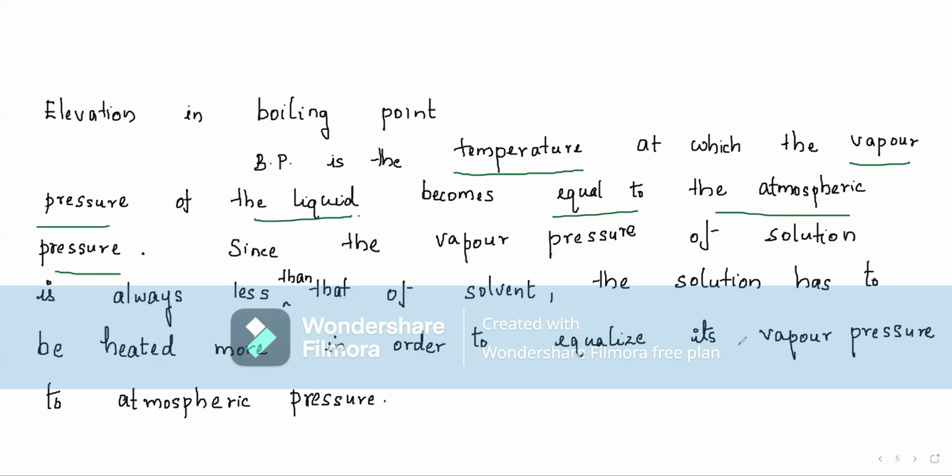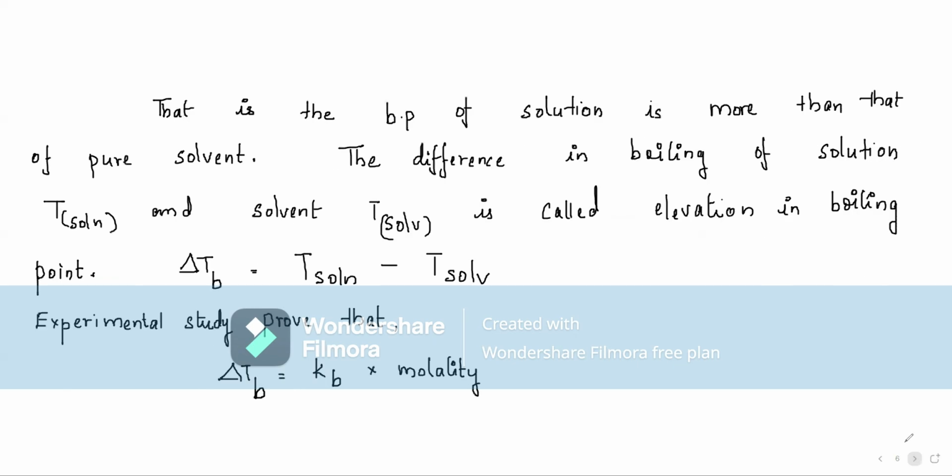This is called elevation in boiling point. The meaning of this term, elevation in boiling point, is that the boiling point of a solution is greater than the boiling point of the pure solvent.